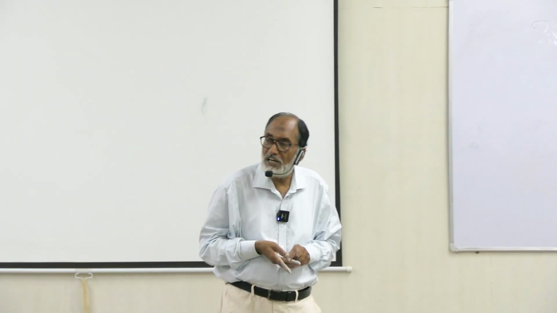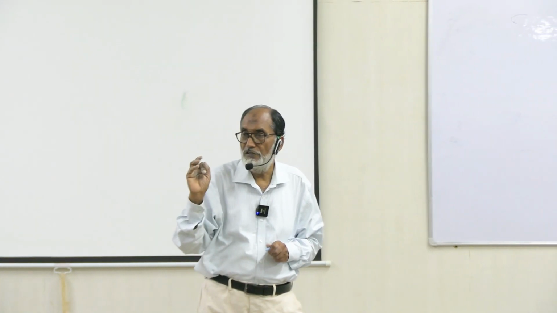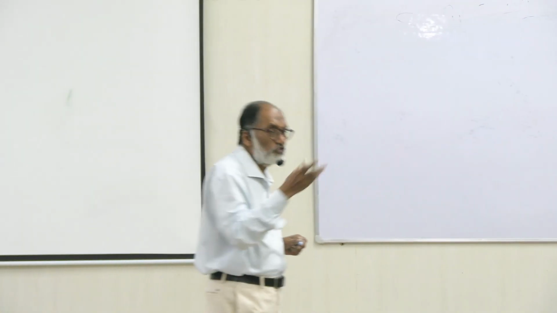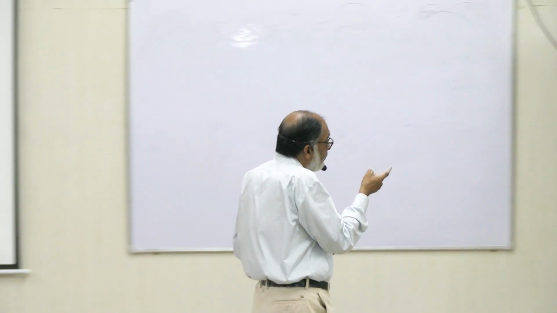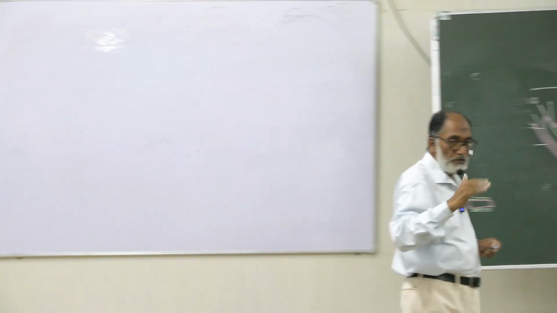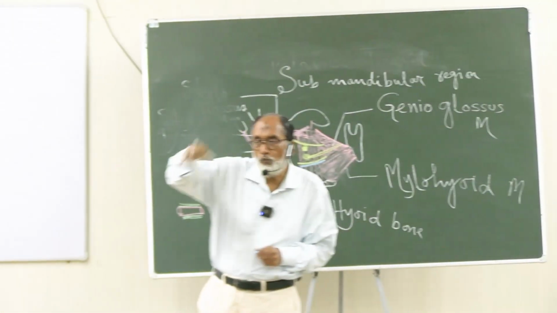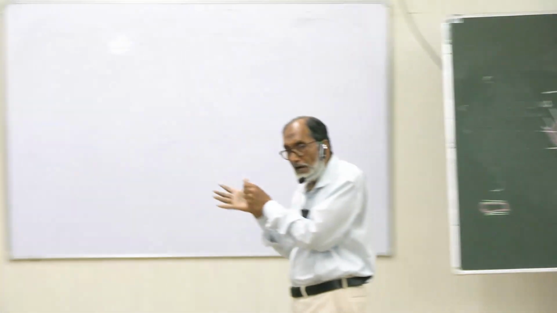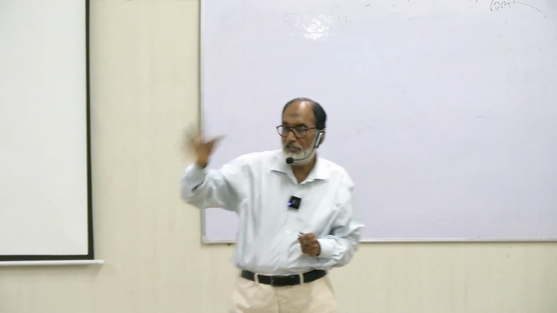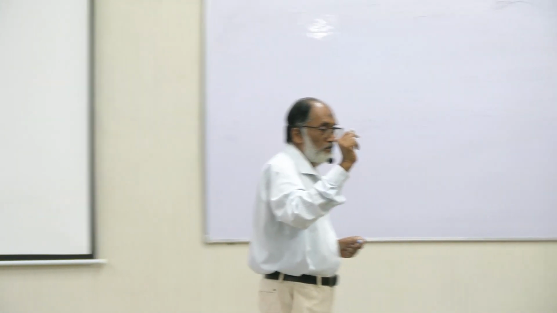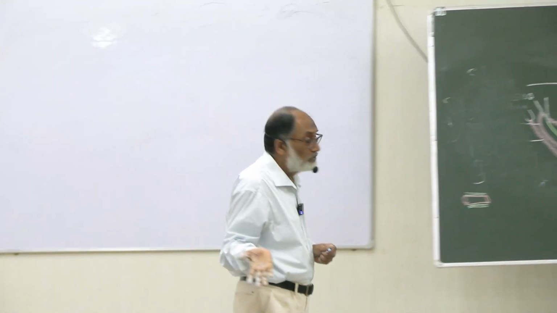All glands are supplied by secretomotor fibers. Their stimulation will cause secretion. Now, at this moment, you will not be able to appreciate. After completion of your brain stem, then you will be able to understand. So I am not going into details.